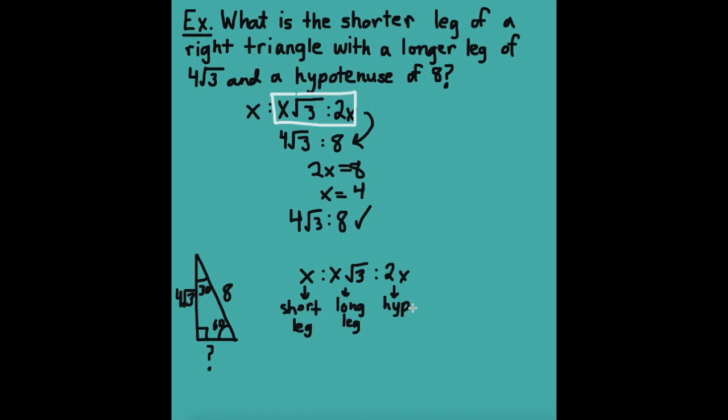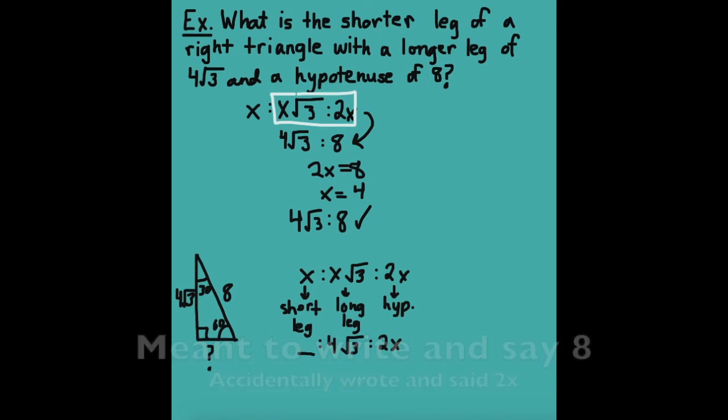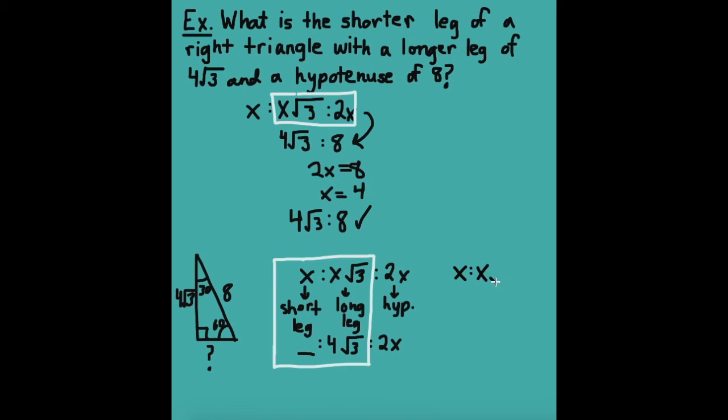In the context of this problem, the ratio is some number to 4 root 3 to 8. You can use the shorter leg and longer leg ratio or the shorter leg and the hypotenuse ratio to solve this problem. I will use the shorter leg and the longer leg ratio. So we have x to x root 3 and some number to 4 root 3.